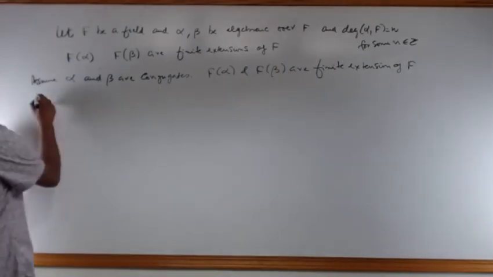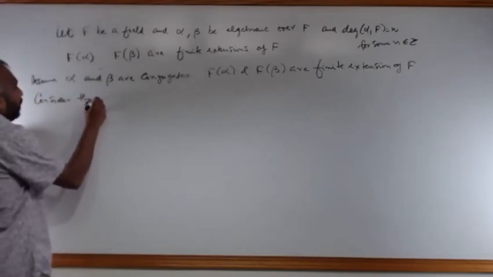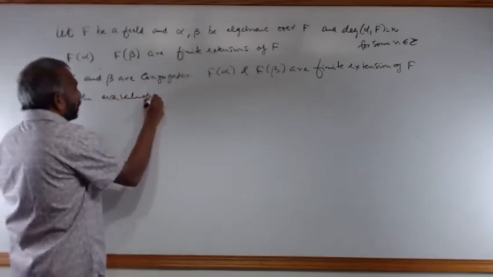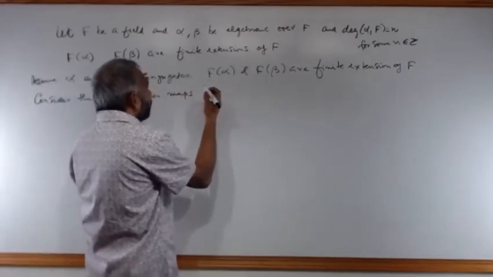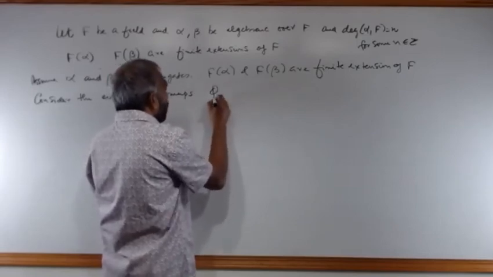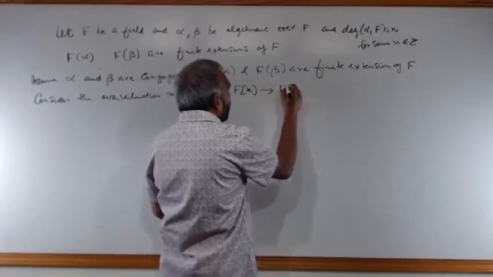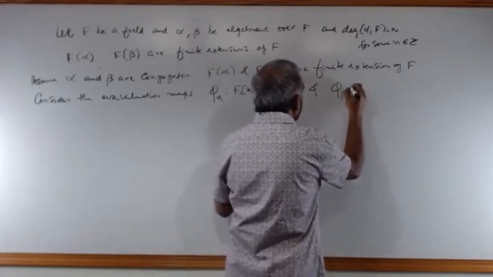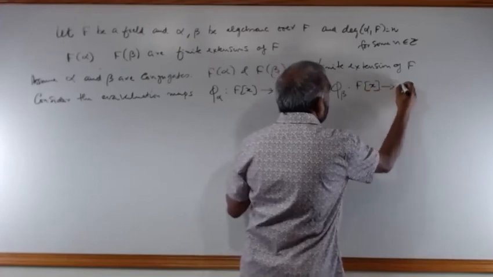So consider the evaluation homomorphism maps. What are the evaluation homomorphisms? Let's call them phi of alpha from F[x] to F(alpha) and phi of beta from F[x] to F(beta).